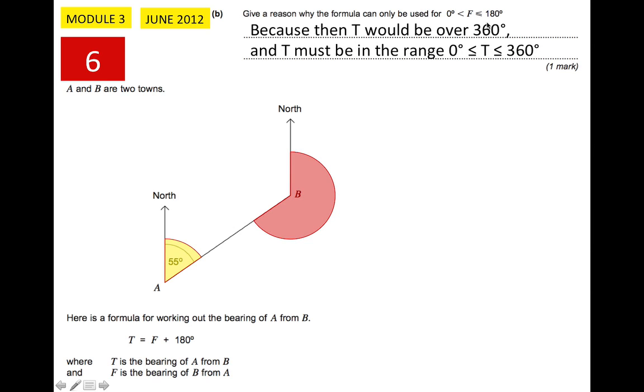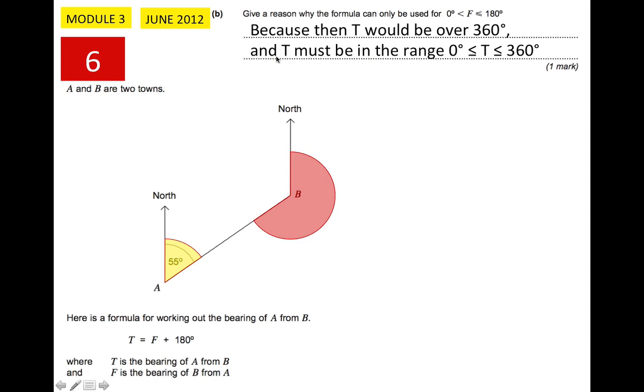if the angle you were adding 180 to was more than 180, then you'd get an angle that would be more than 360. So I've written because T, the reverse bearing, would then be over 360, and it would be outside the range from 0 to 360. And an angle must be from 0 to 360, otherwise you start coming back on yourself, because 360 is the whole way round.